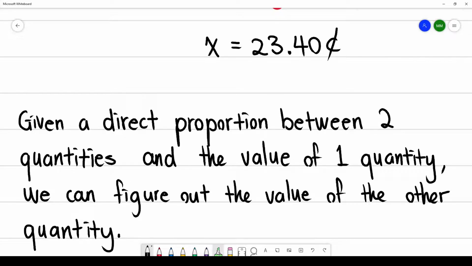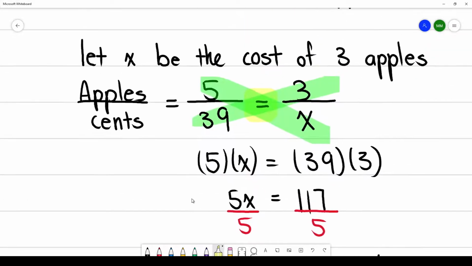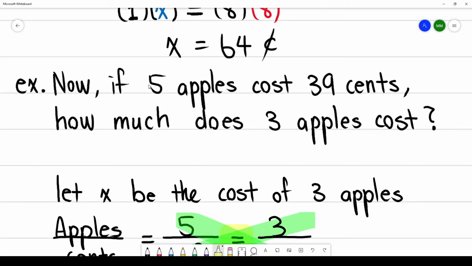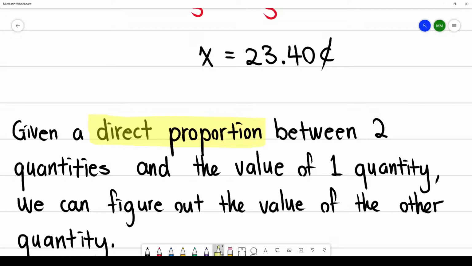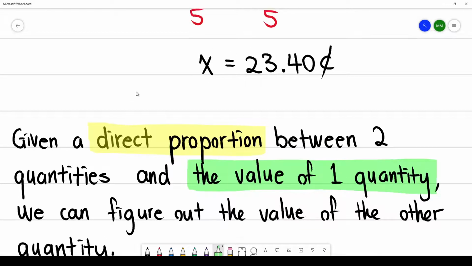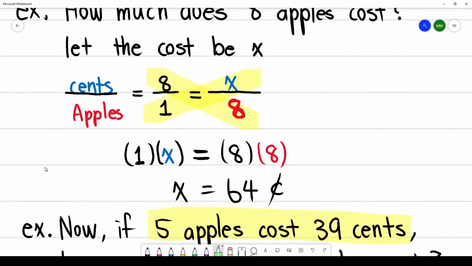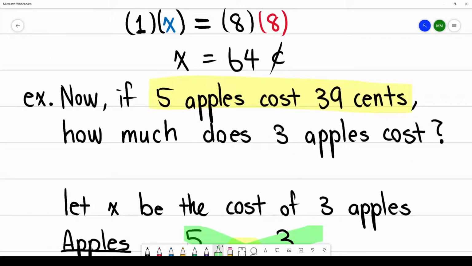Okay, so some things to highlight. You need a direct proportion first. So in this question over here, the direct proportion is the 5 apples and the 39 cents. That is the direct proportion that we are given. And then given the value of one quantity, in our previous example, the value of that one quantity is the 3 apples.